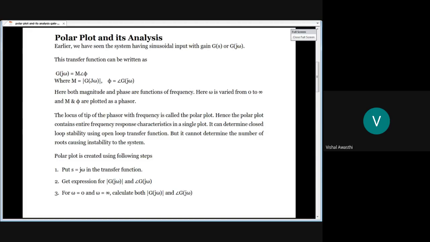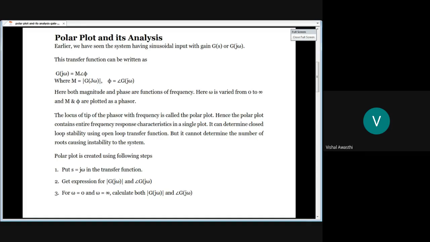It means you are just varying the frequency. With respect to that, you are going to plot a magnitude and phase at that particular frequency. It means the polar plot contains the entire frequency response characteristics in a single plot.